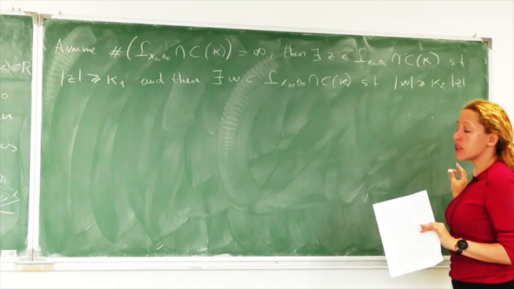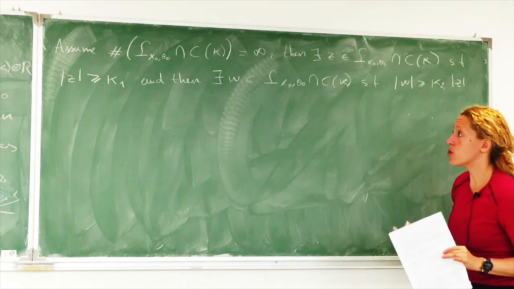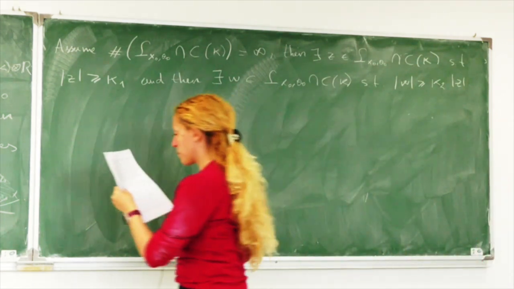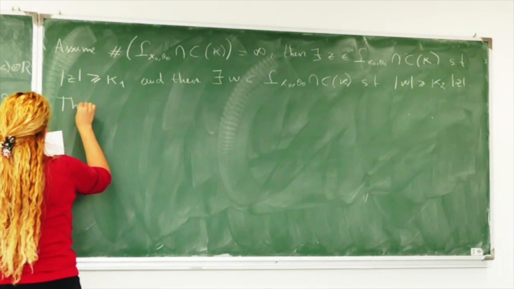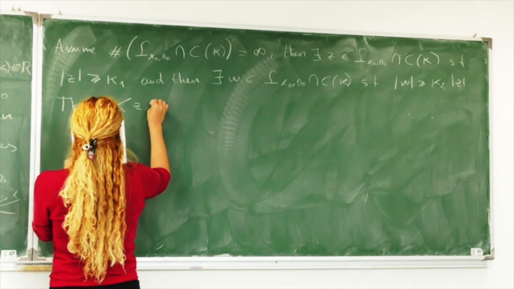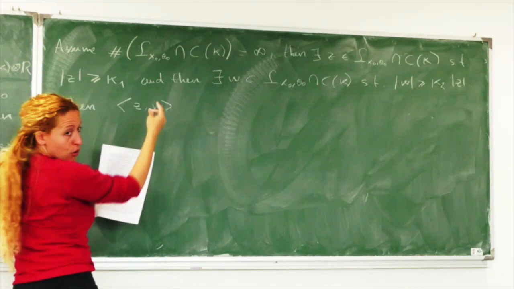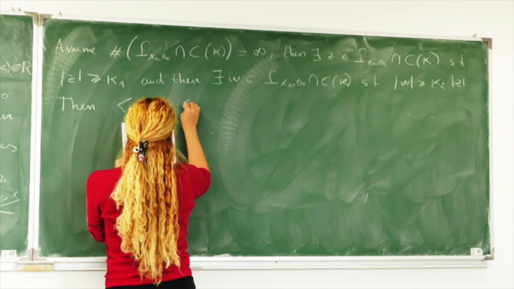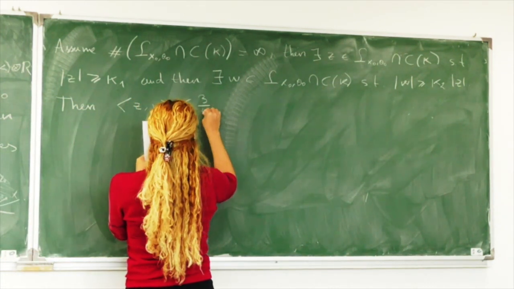This is because we have infinitely many. But now we can use the inequality. So then we have that the pairing of these two points is less or equal than this.